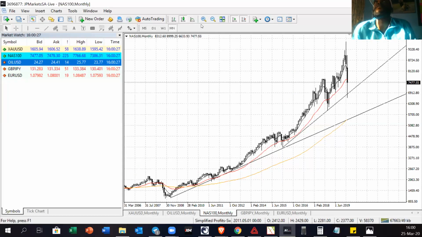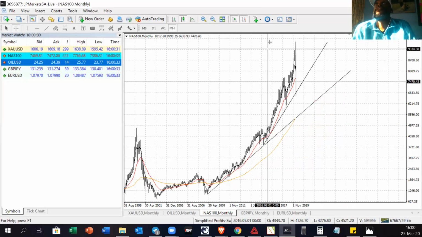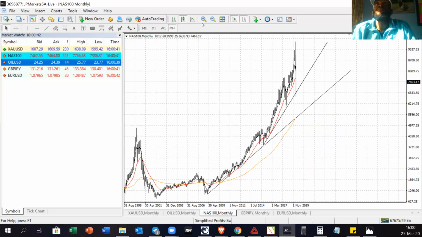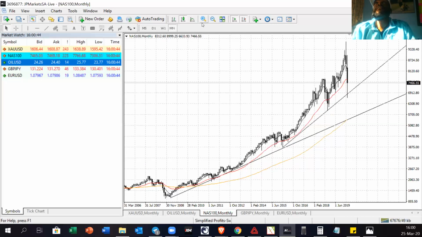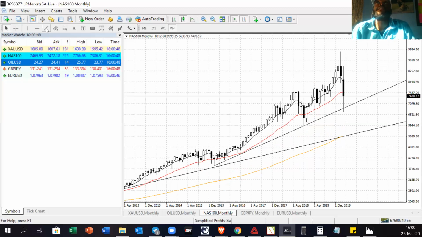As we can see, the highest that price has ever been is 9,749, and this was last month actually. After that, price dropped about 2,000 bucks. And here we are right now.